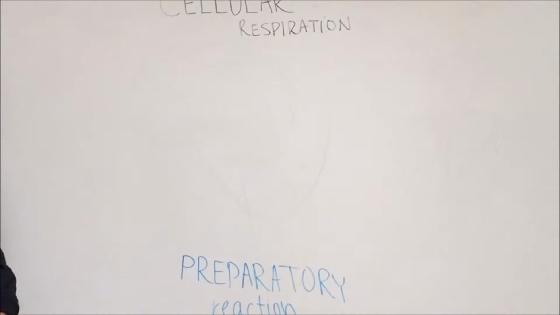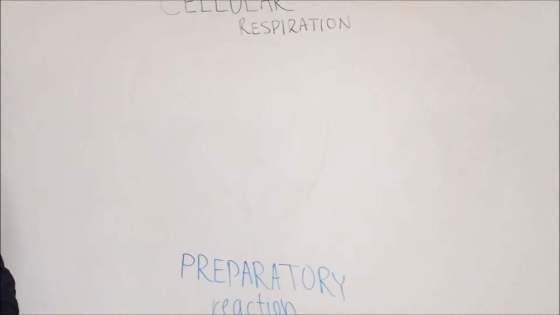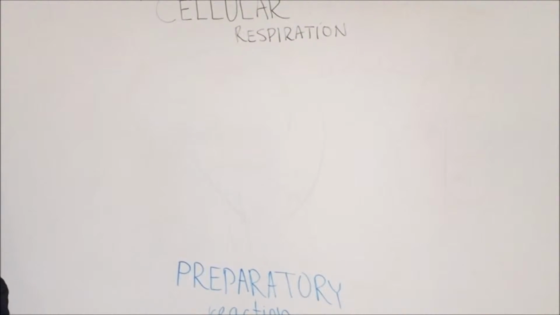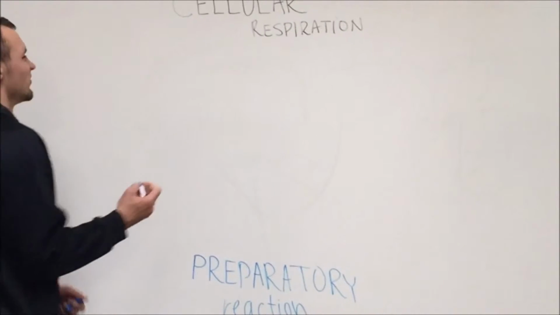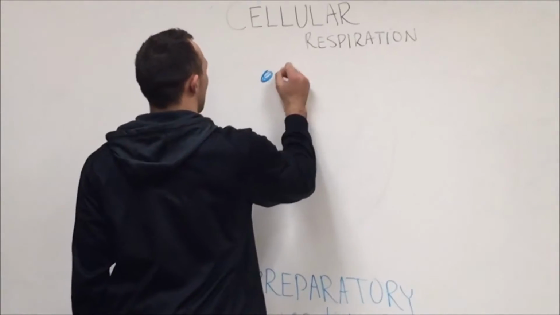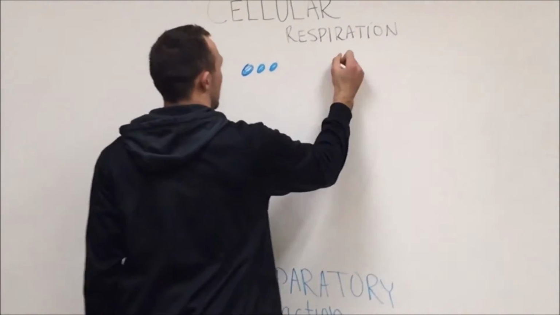Next, we're going to be talking about the preparatory reaction in cellular respiration. For the first step, pyruvate is oxidized and a CO2 molecule is given off. This is part of the CO2 that we breathe out.